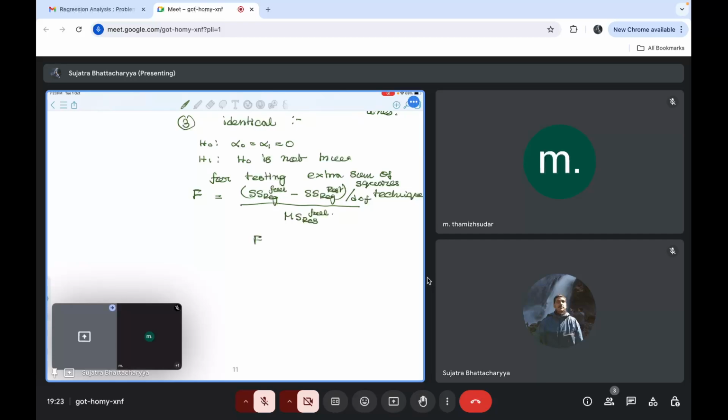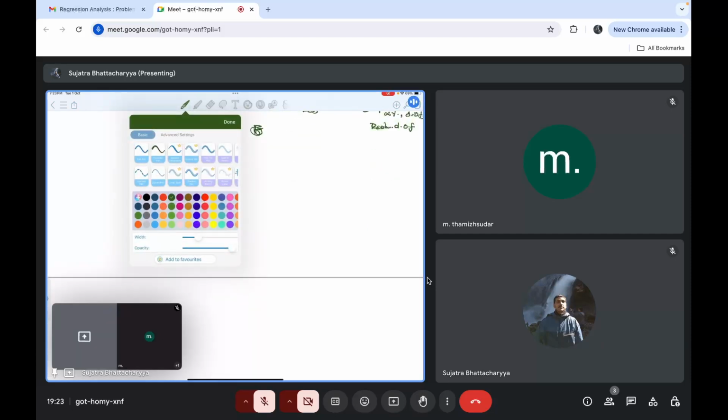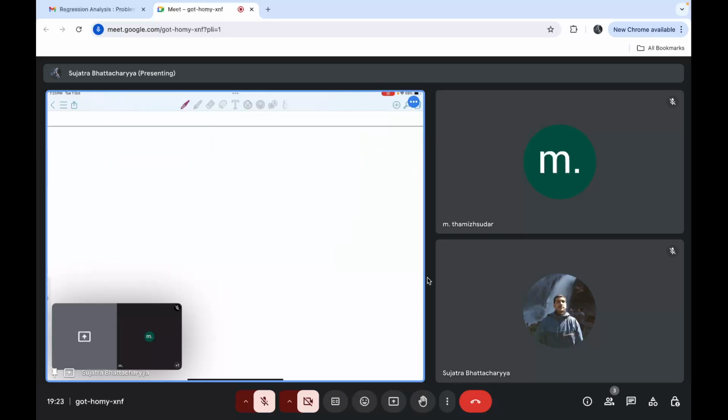This is compared with F of alpha, the level of significance, with the numerator degrees of freedom and the residual degrees of freedom. I will show you how to do this using a practice question. This will be clear and then we will go further.